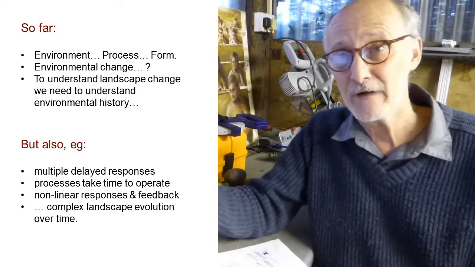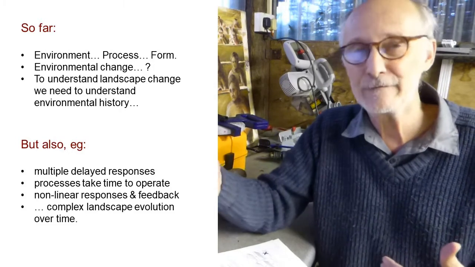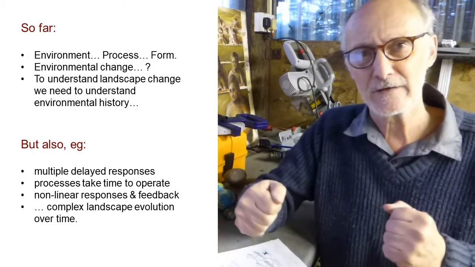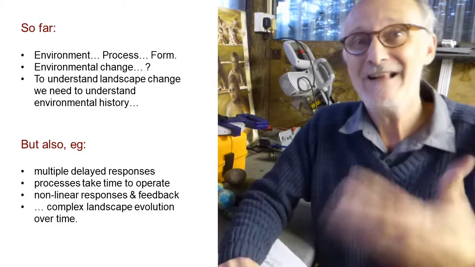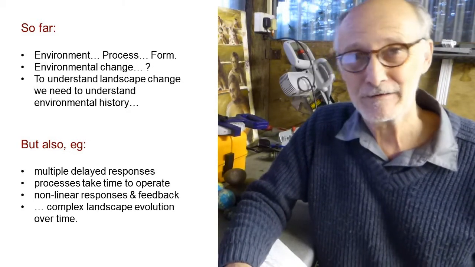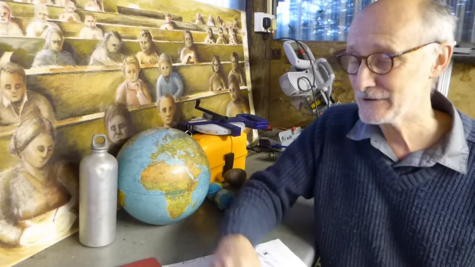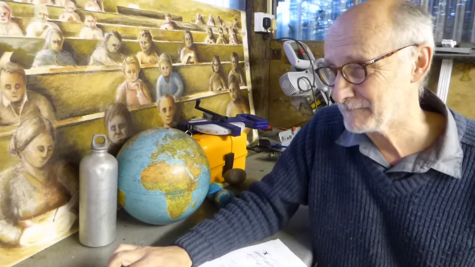We make a change in the environment thinking it's going to rattle through the system, but sometimes there's a negative feedback that stops that change, or sometimes there's a positive feedback that amplifies or accelerates the change. So there are lots of different things to consider when we're trying to understand how landscapes change over the course of time. It isn't necessarily as simple as you'd think at first glance.